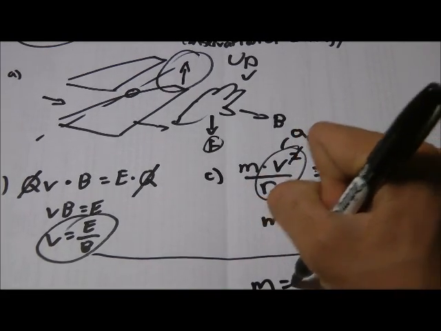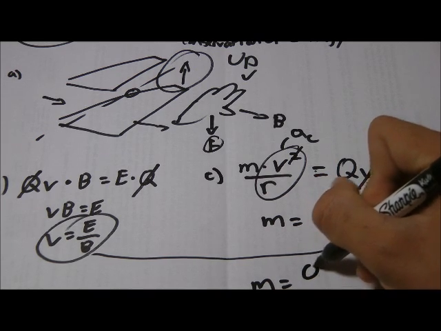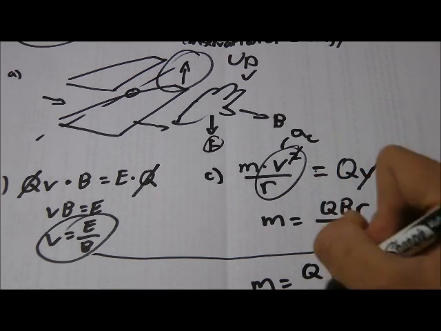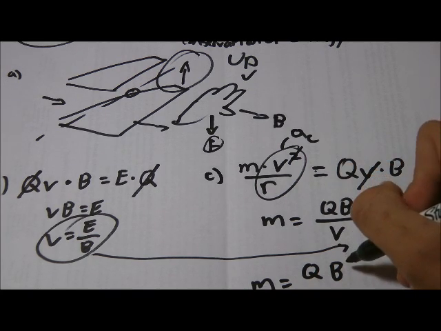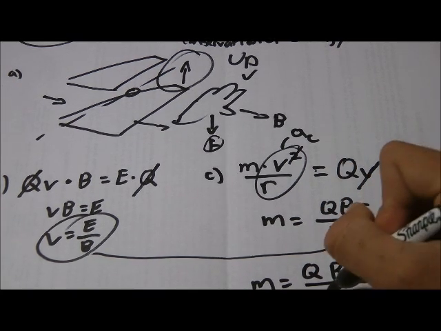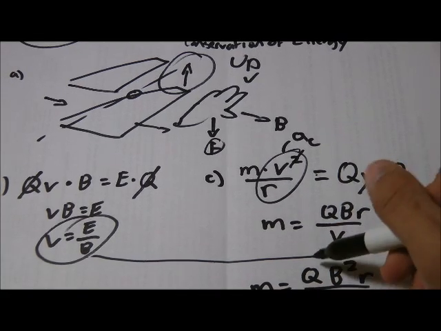So we get M is equal to Q B squared R over E. And that is the mass of our particle.